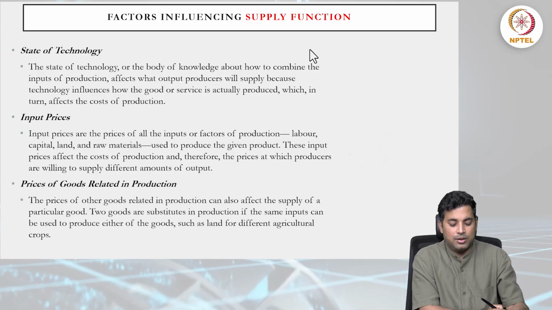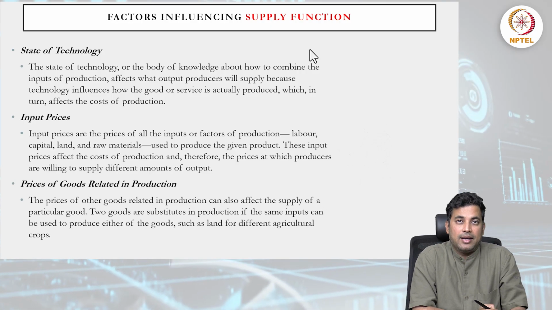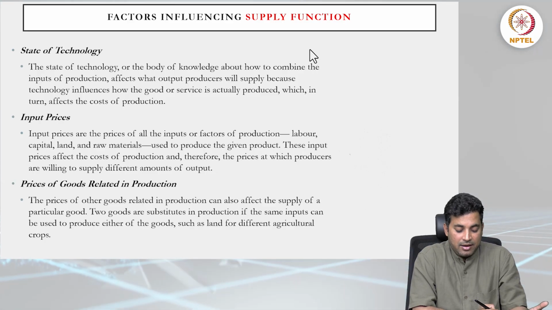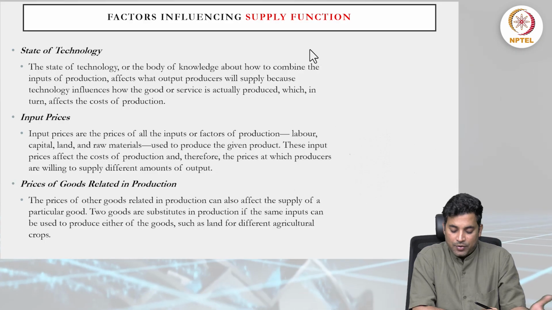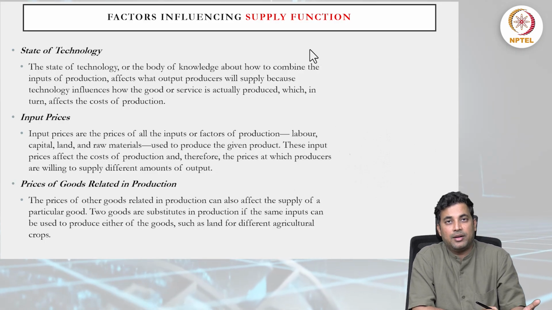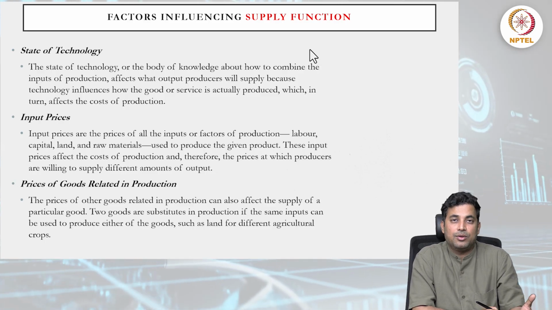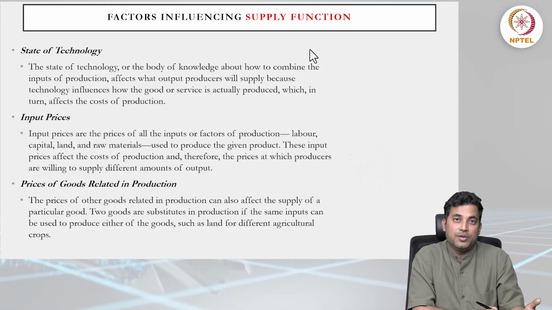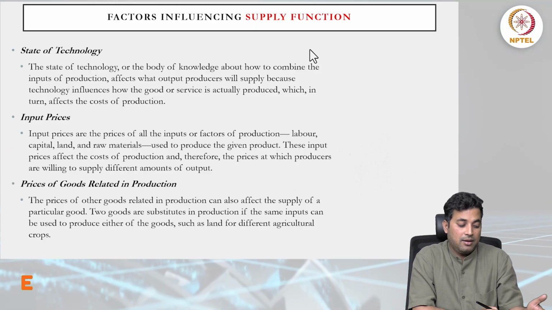Then prices of related goods in production, like say land rent. If rent has increased, or other crop prices are increasing, that also will impact the farm's or producer's supply curve.